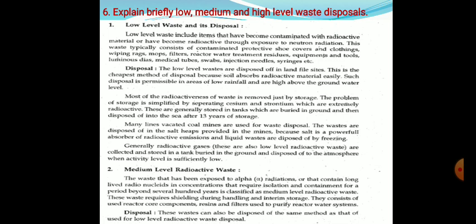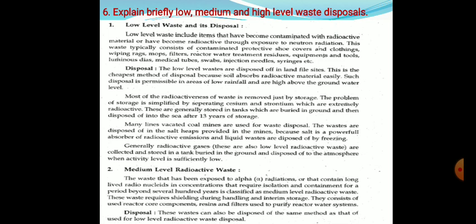Disposal. The low level wastes are disposed of in landfill sites. This is the cheapest method of disposal because soil absorbs radioactive material easily. Such disposal is permissible in areas of low rainfall and are high above the groundwater level. Most of the radioactiveness of waste is removed just by storage.